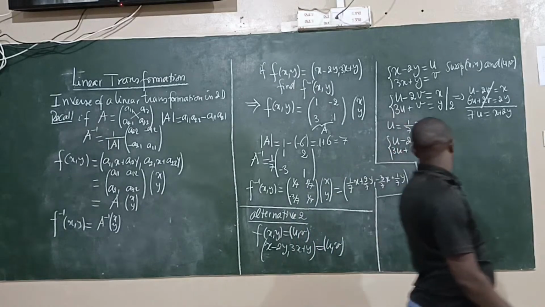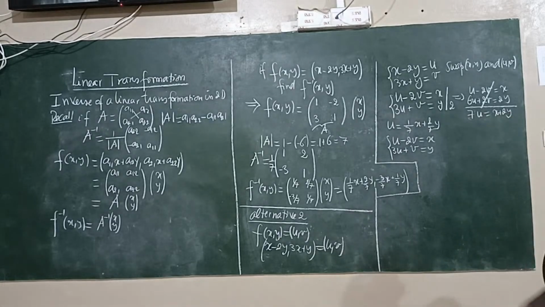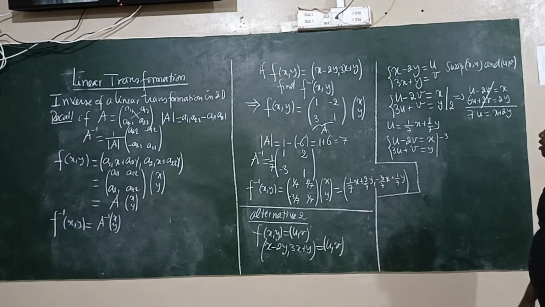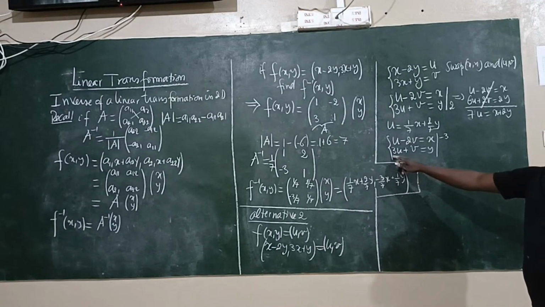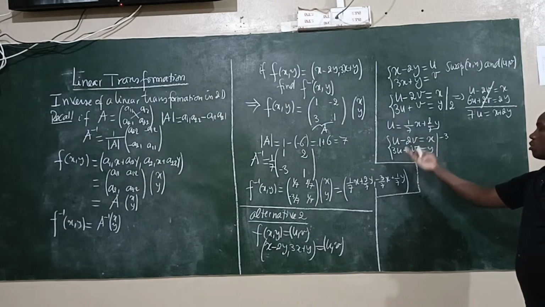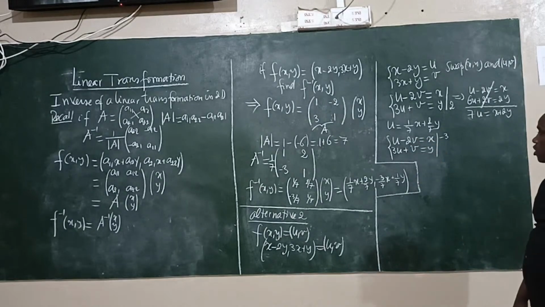If I'm going to eliminate u, I need to multiply the first equation by minus 3, because here is 3, here must be minus, in order for the equation to eliminate u and stay with v's.